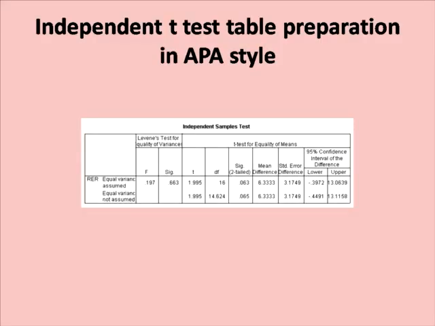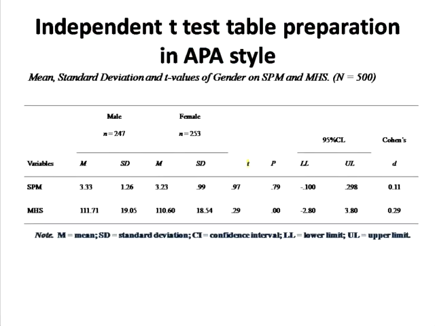How did you get the upper and lower? This is the full lower limit and upper limit, but in APA style you write LL and UL. You put it in this for the first variable in the first row, and for the second variable in the second row.